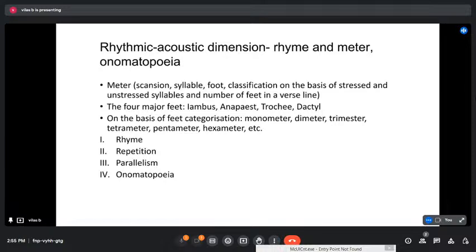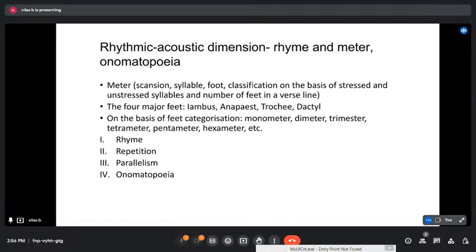So in iambic pentameter, unstressed and stressed syllables, this is the sequence, and we find 5 feet. So we determine the metric pattern on the basis of stressed and unstressed syllables and the number of feet in a verse line.